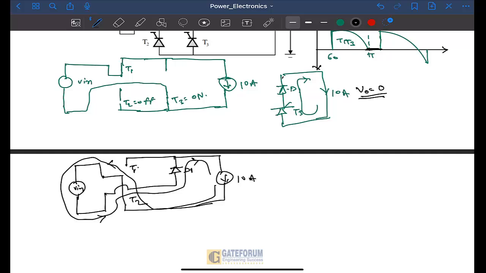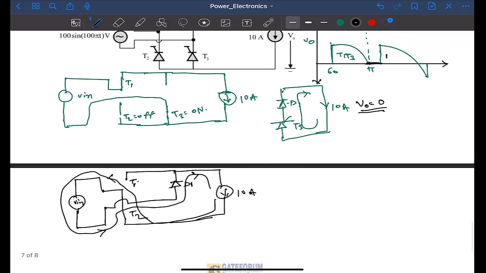So till the next 60 degree, D1 and T2 will conduct. Here T2 wants to turn off. At this point T2 will try to get turned off, but the connected 10 ampere should flow through some circuit since it is a current source.